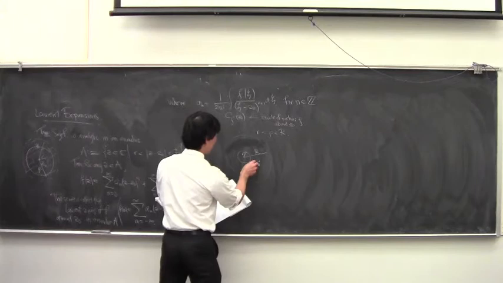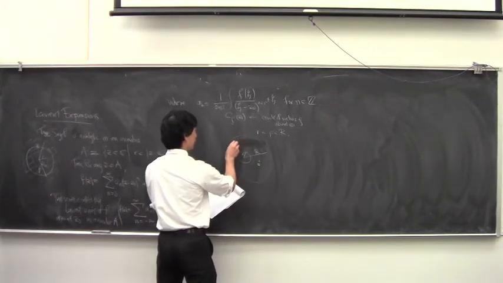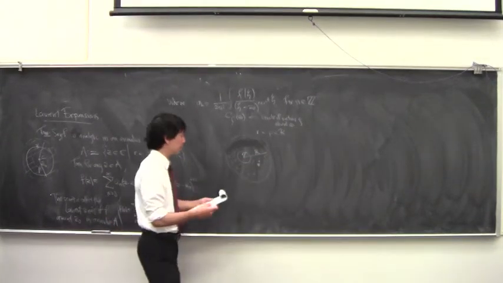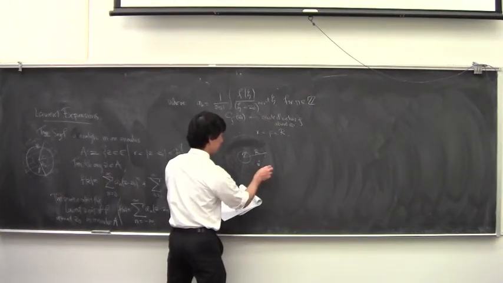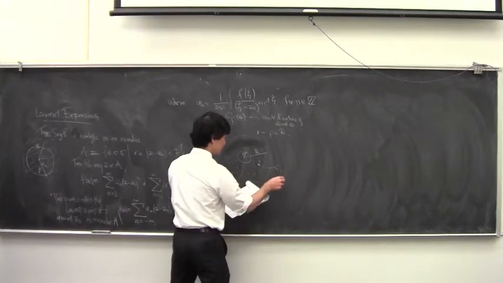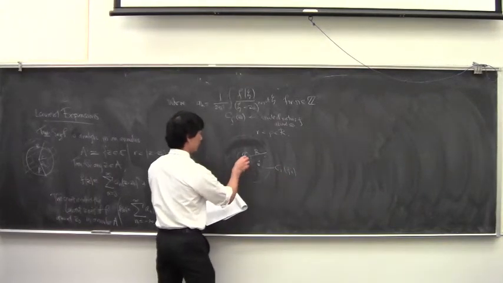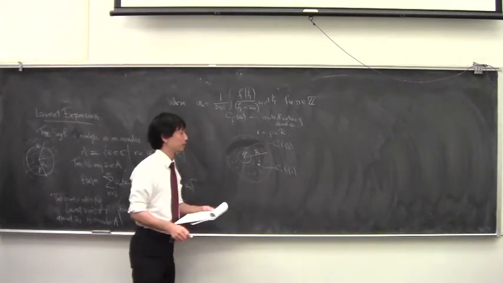And what you do is you choose 2 circles that bound that z. Let's call the outer guy C1, with radius rho 1, and the inner guy C2, with radius rho 2.